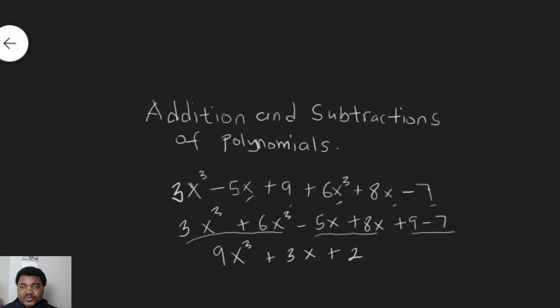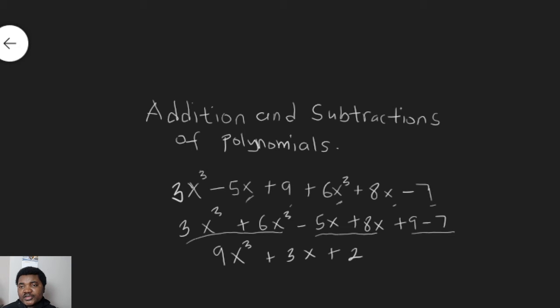But for study's sake, you need to write it so that you know what you are doing, and anytime you reference it, you know exactly what it was. So 3x cubed plus 6x cubed, minus 5x plus 8x, plus 9 minus 7.